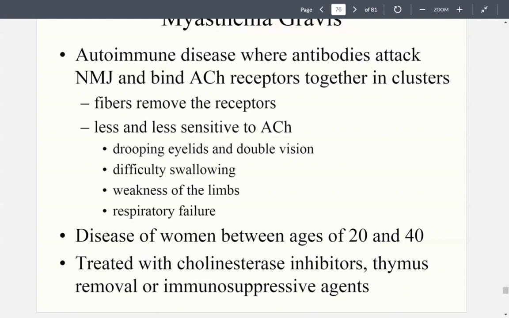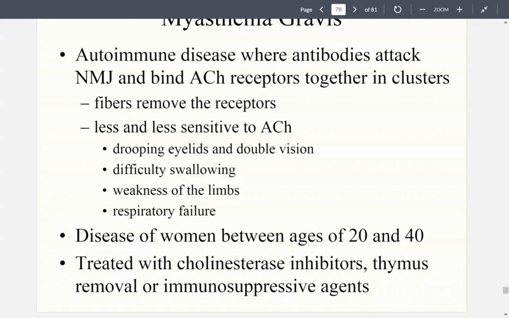We can also administer immunosuppressive agents. These are going to suppress the immune system. These, in conjunction with cholinesterase inhibitors, are going to help drastically slow down the disease progression.